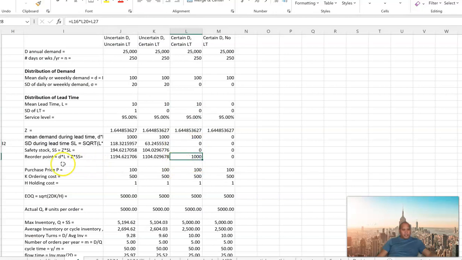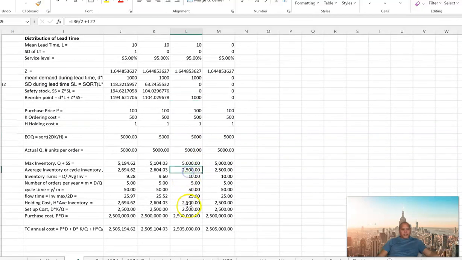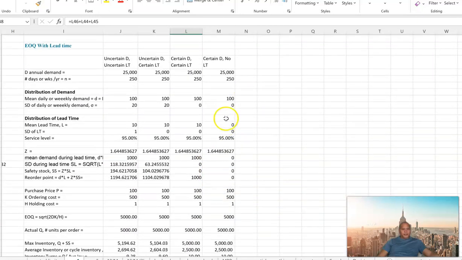Your reorder point is simply D times L, the mean daily demand times the lead time, so it's going to be 1,000 units. Your average inventory will be 2,500, and your total cost will be 2.5 million roughly.